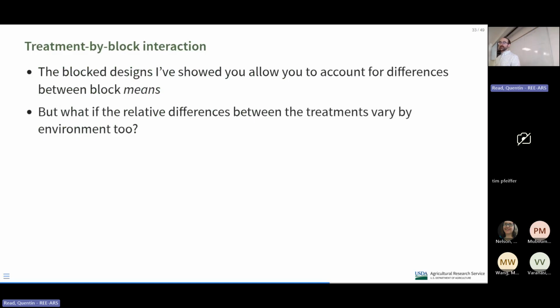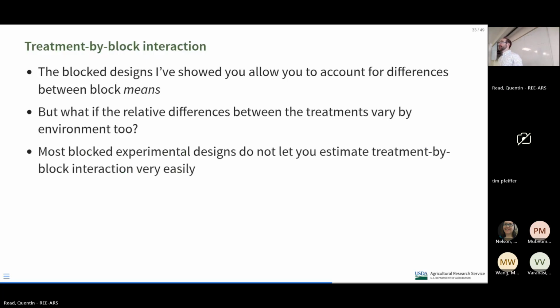But what if the relative difference between the treatments differs by environment or by block? Because we don't have replication of treatments within blocks, the designs I've discussed are not very good for estimating that treatment by block interaction, which can be substantial in some cases.